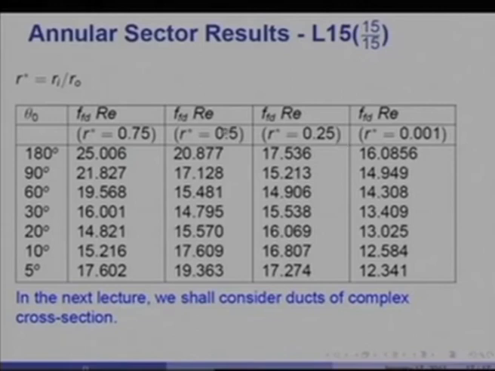So, these ducts, the annular sector family as well as the rectangular duct family, are amenable to relatively easy solutions using Fourier series. However, nowadays with extremely compact heat exchangers and in electronics, for example, the flow passages are so miniaturized that the compactness requires that the ducts are often highly squashed or curved.